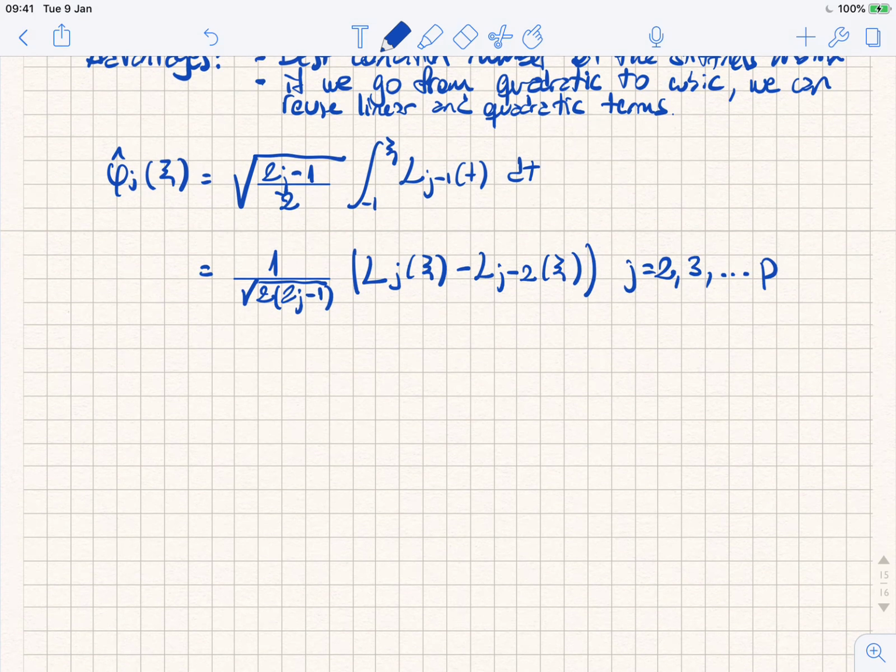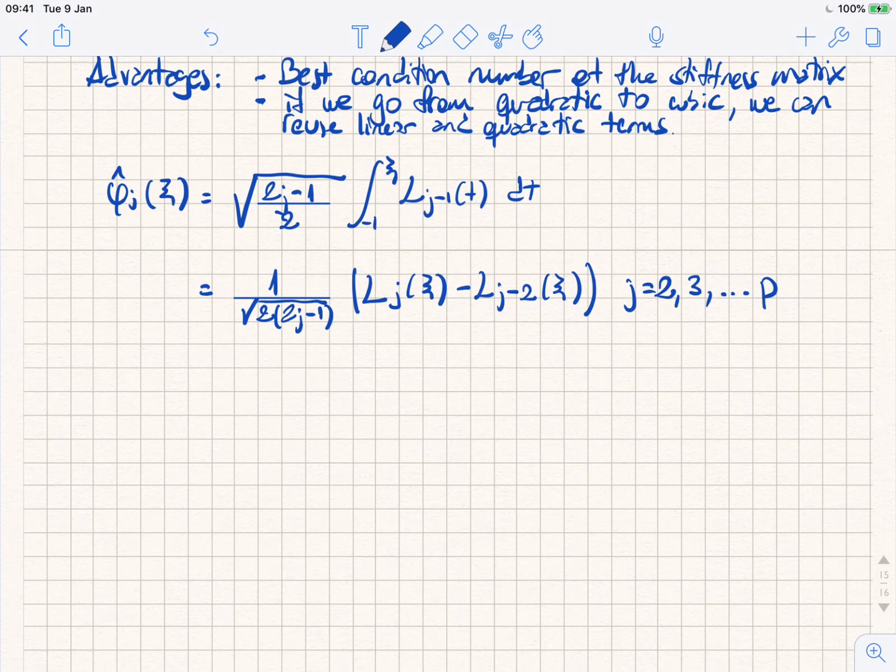And that is what I mean by reuse. Given some order, which I call J, that goes all the way up to P, you can see that to compute that polynomial I am basically using recursion, because I can call this function in itself.